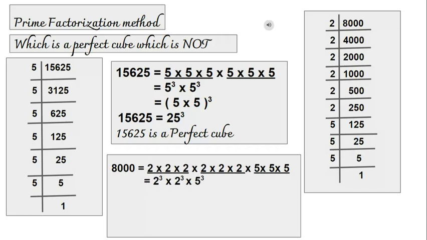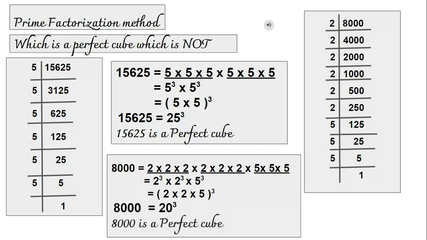So this can be written as 2 cube into 2 cube into 5 cube, which is (2 into 2 into 5) whole cube. 2 twos are 4, 4 fives are 20, so 20 cube. So 8,000 can be written as 20 cube, which means 8,000 is also a perfect cube.